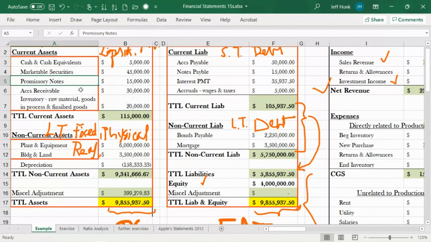In essence it is an IOU. Promissory notes are also called commercial paper, with a slight difference in context. But in B2B, business to business, the promissory note is a most frequently used means of payment.